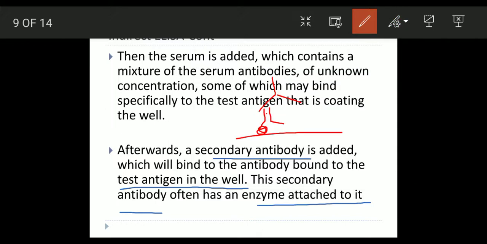The secondary antibody has an enzyme linked to it. This is the primary antibody directly attached to the antigen. This is the secondary antibody that is attached to the primary antibody, and the secondary antibody is linked with the enzyme.